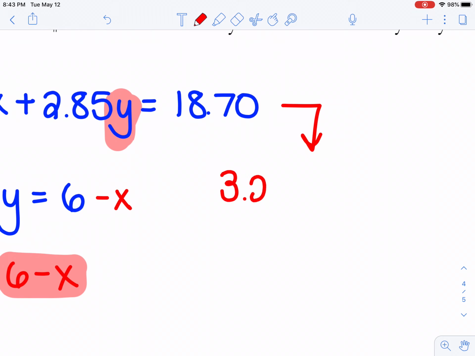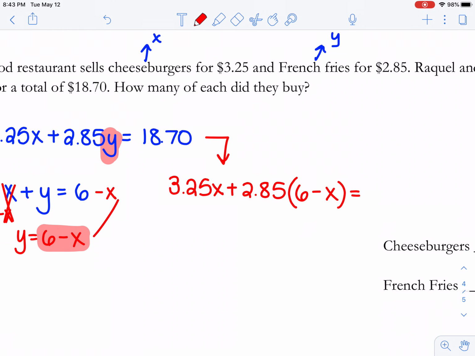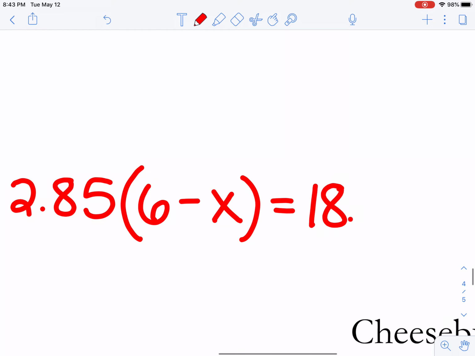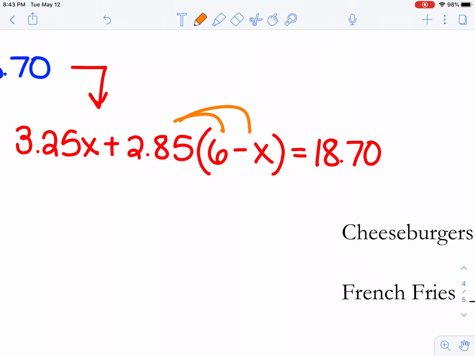So 3.25x plus 2.85 times 6 minus x. Instead of y, I just replaced the y with 6 minus x equals 18.70. Okay. Next step is going to be to distribute the 2.85. I'm going to need a calculator for that. So I have my calculator right here.